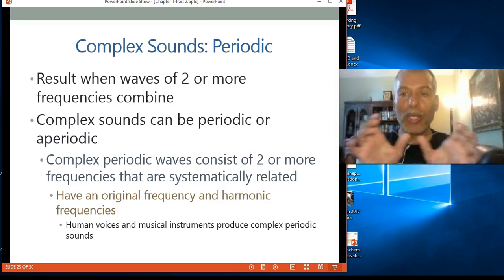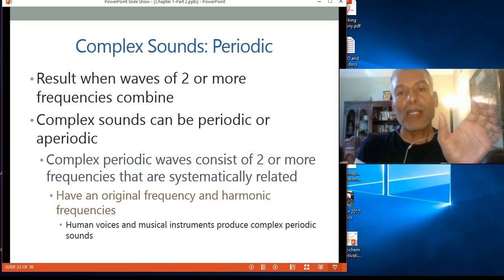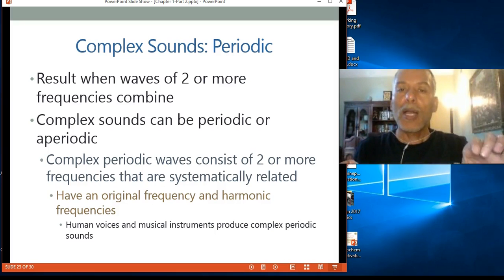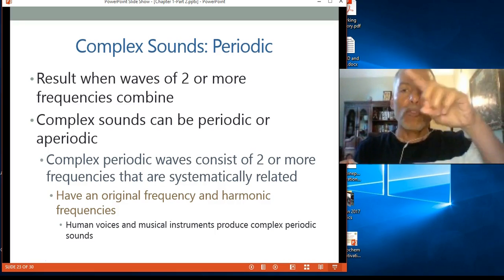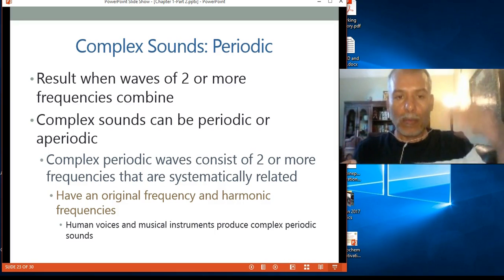So you have 4 waves. Each wave is a single foot, and each wave is 4 times the original wave. So that will be 4 harmonics, and each harmonic is 4 times the frequency.